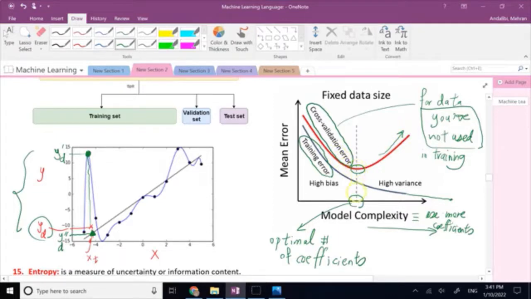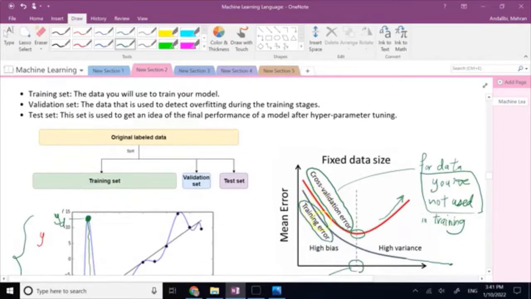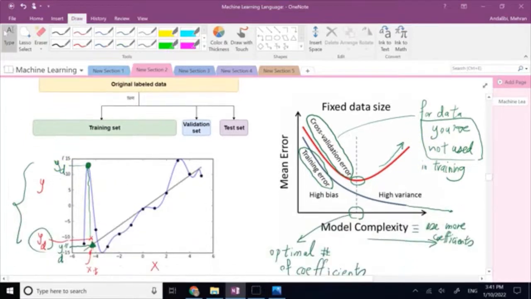And so that minimal point can tell me, hey, maybe the best order here is a second order or third order, or maybe a line. So this kind of graph that I make is called a generalization curve. This tells me how well I can generalize my model. Can I use my model for all other data that I have never used in my training, or is this model only good for the data I have seen?